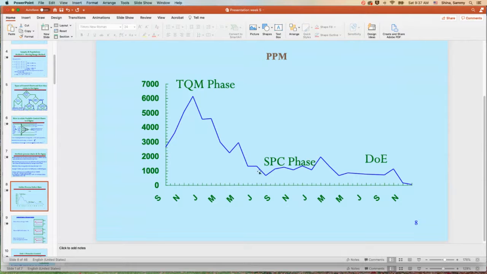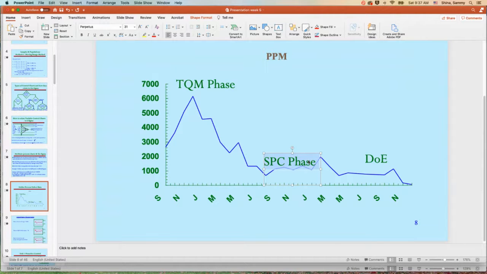So the sequence of things to do in a modern factory is you first get into what's called the TQM phase, or the DMAIC phase. This is where you use qualitative tools to improve quality. Then you get into the SPC phase, or the control chart phase, and that's where you maintain quality, just make the quality of the factory stable.